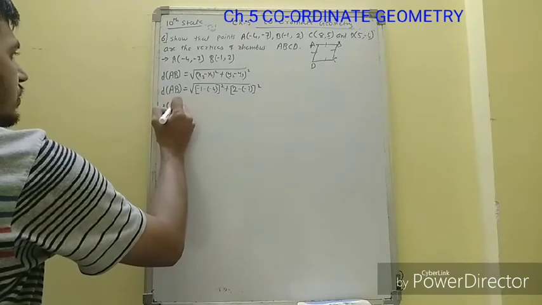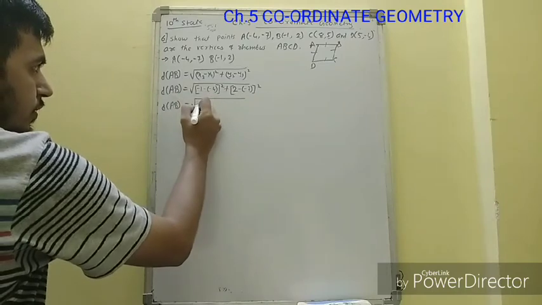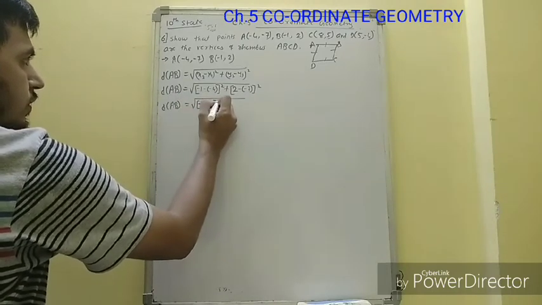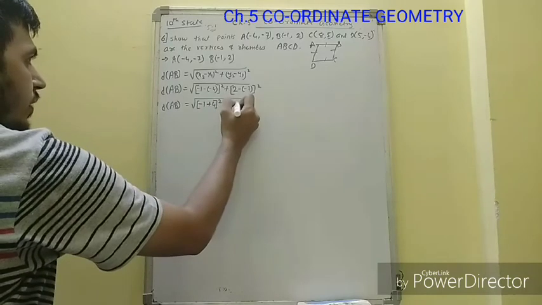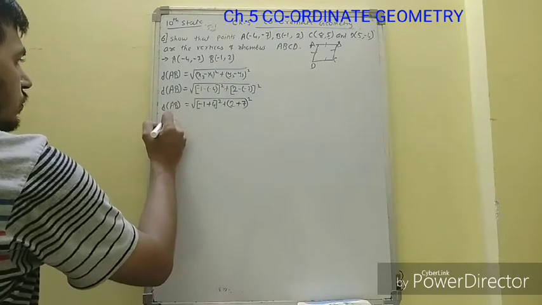So we have the distance AB as minus 1 plus 4, the whole square, plus 2 plus 7, the whole square.